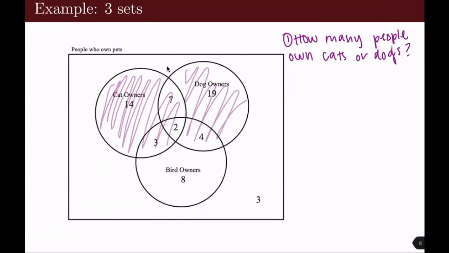So we're going to add up all of these people. So we have 14, 3, 2, 7, 19, and 4. Anybody in either the cat circle or the dog circle. So I got 49.